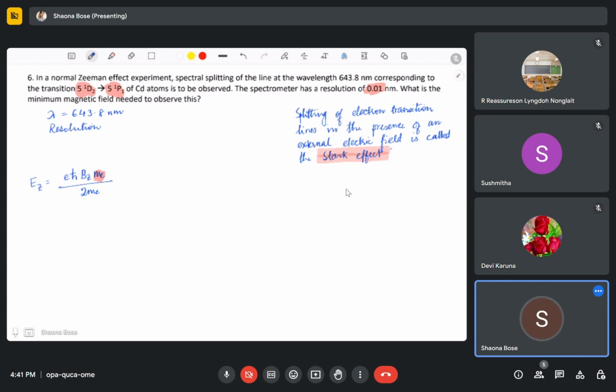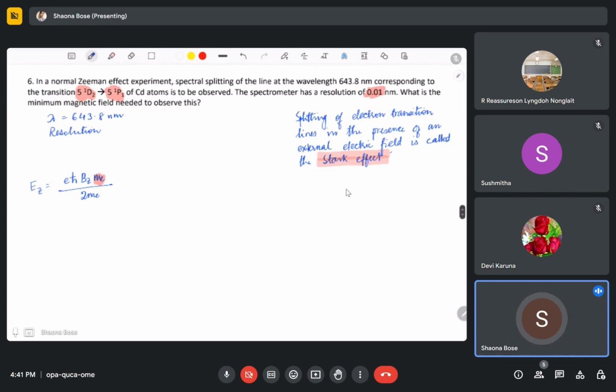The spectrometer has a resolution, so what can this be? It's a spectrometer, right? So what are you seeing? The wavelength. Okay, so that means this resolution is talking about the smallest wavelength that can be detected by this spectrometer.